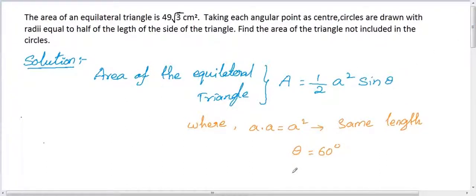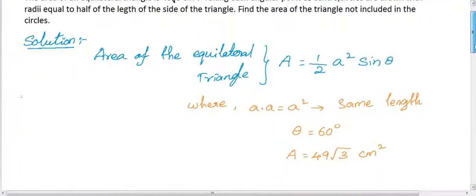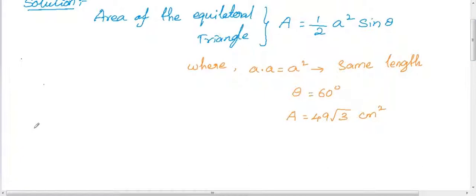And the area is given, which is 49 root 3 centimeter square. Now find the side length of the triangle, which is nothing but the A value here.